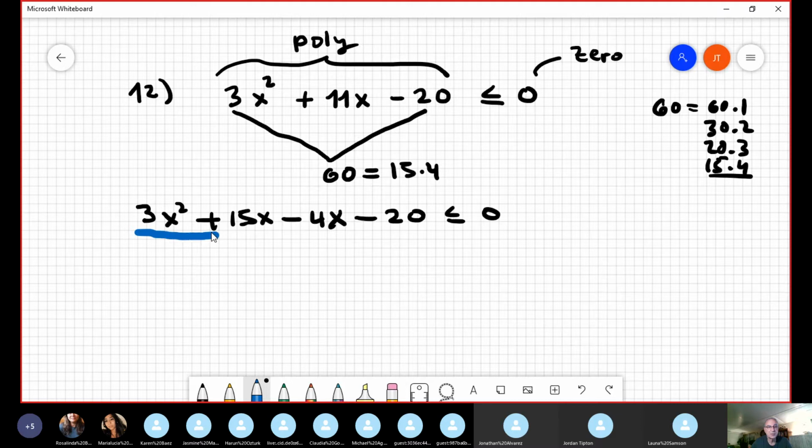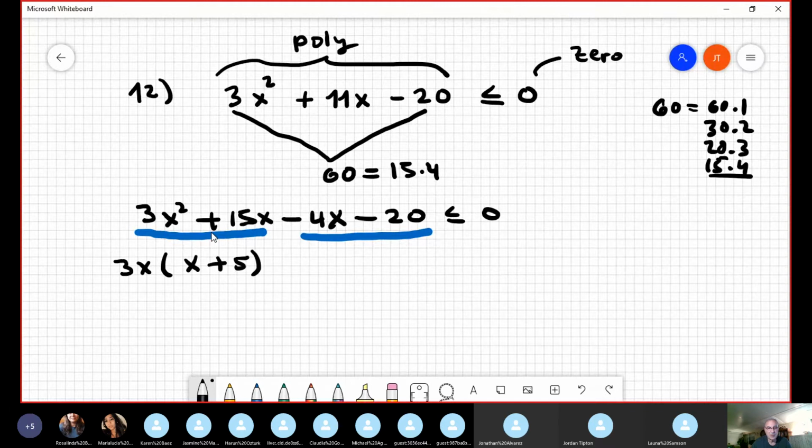By grouping this couple and by grouping this couple. When you group this couple, the greatest common factor is obviously 3x. This is x plus 5. And the greatest common factor I can see in the second couple is negative 4, because negative 12 and negative 20 have a common factor of 4, x plus 5.